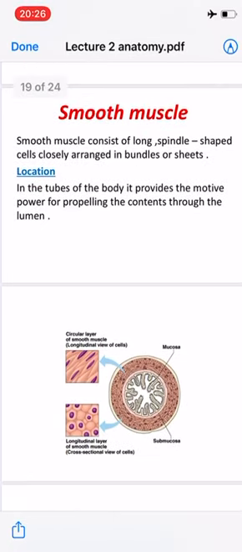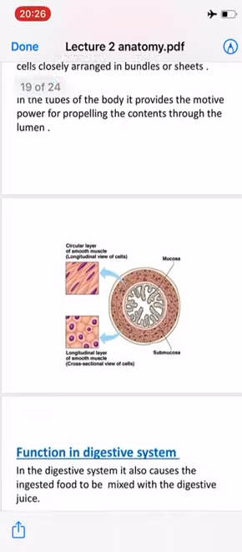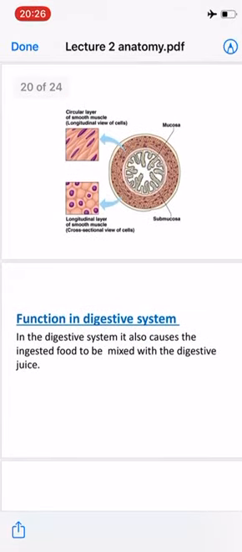Location: these are located in the tubes of the body and give motive power for propelling the content. Propelling يعني دفع الcontent through the lumen، دفع المحتويات من خلال التجويف. طبعا وظيفة العضلات الملساء تختلف حسب موقعها في الجسم. This figure shows how the smooth muscle is arranged in the tubes of the body.